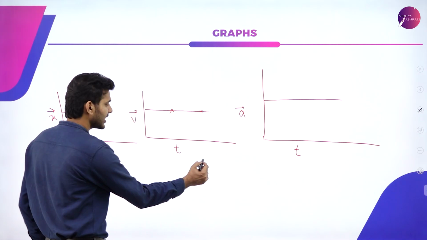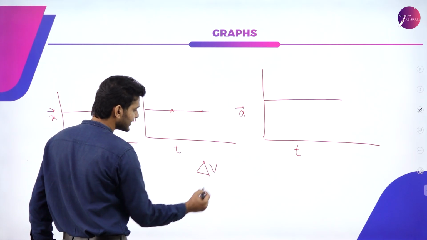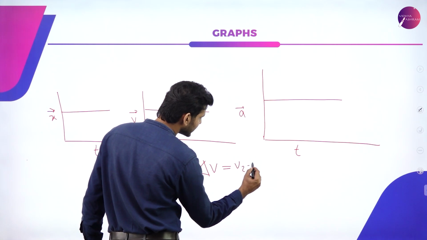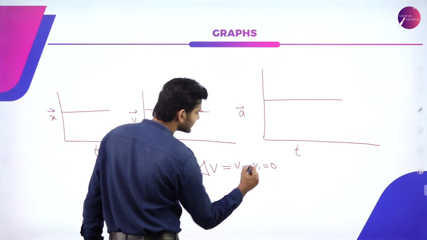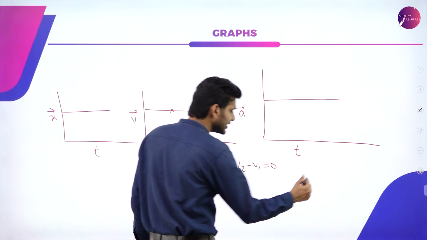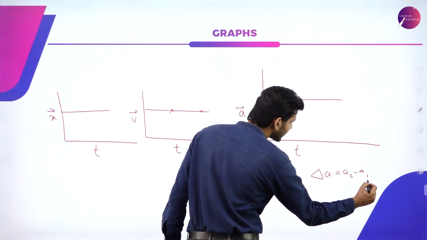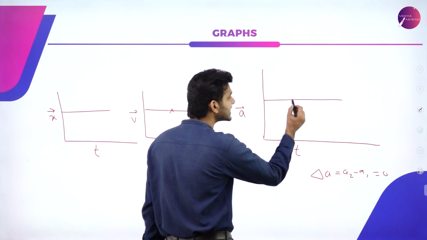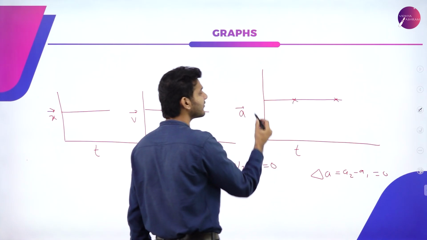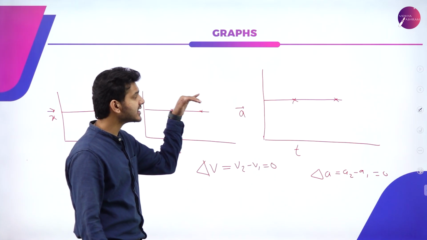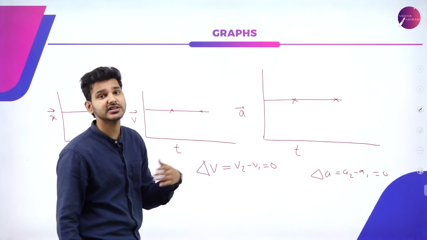For example, delta v, that is v2 minus v1, is equal to 0. And here delta a is equal to a2 minus a1, which is again 0, because it is on the same line. The y value is the same. So if you are taking any change in that particular direction, it is 0.